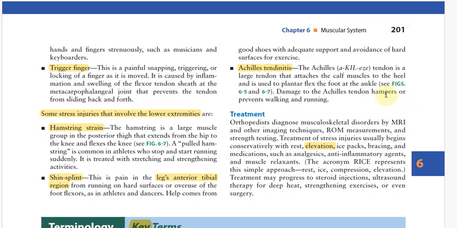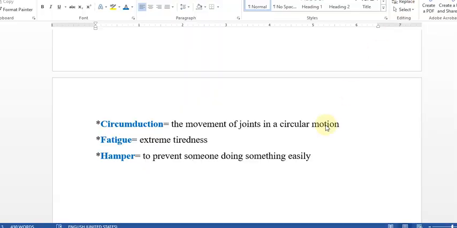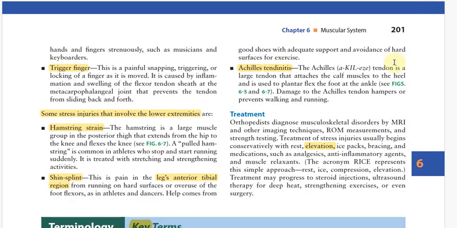We have a good word here, hamper. Hamper basically means to prevent, especially to prevent someone doing something easily. Here we have a good word, elevation.